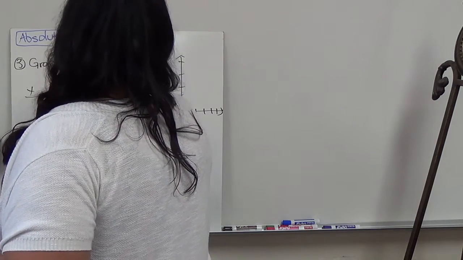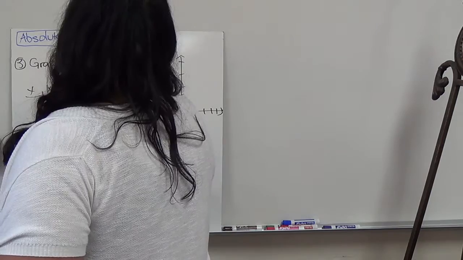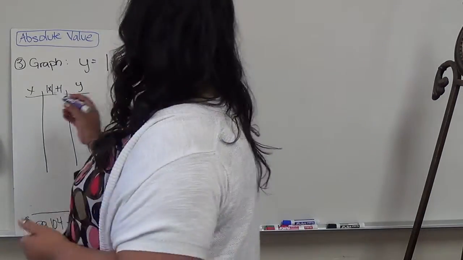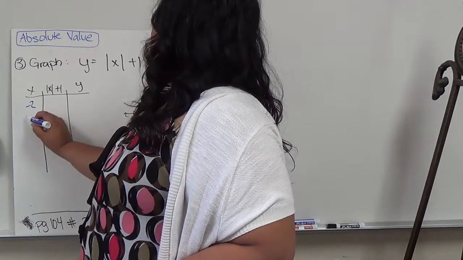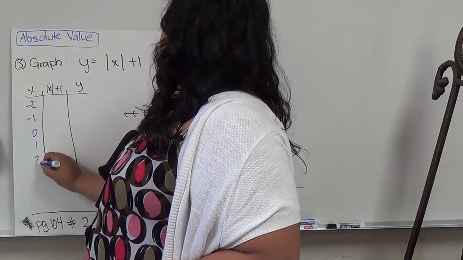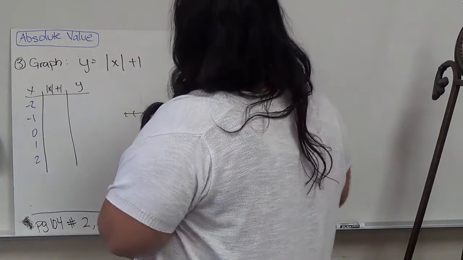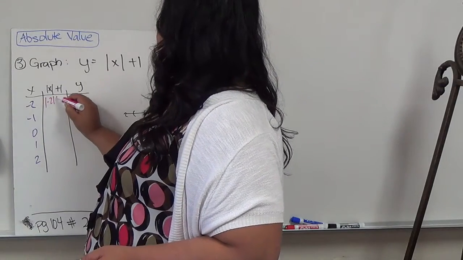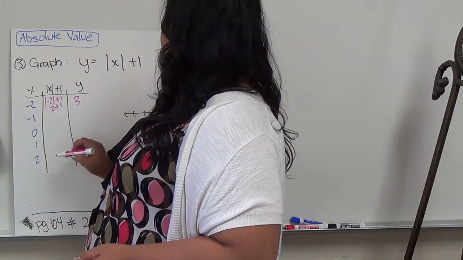So I have my x, my y, and the equation is absolute value of x plus 1. I'm going to choose my x's. The typical x, I'm going to have negatives and positives: -2, -1, 0, 1, and 2. Hopefully that's enough. The absolute value of -2 is 2, plus 1 gives me 3.